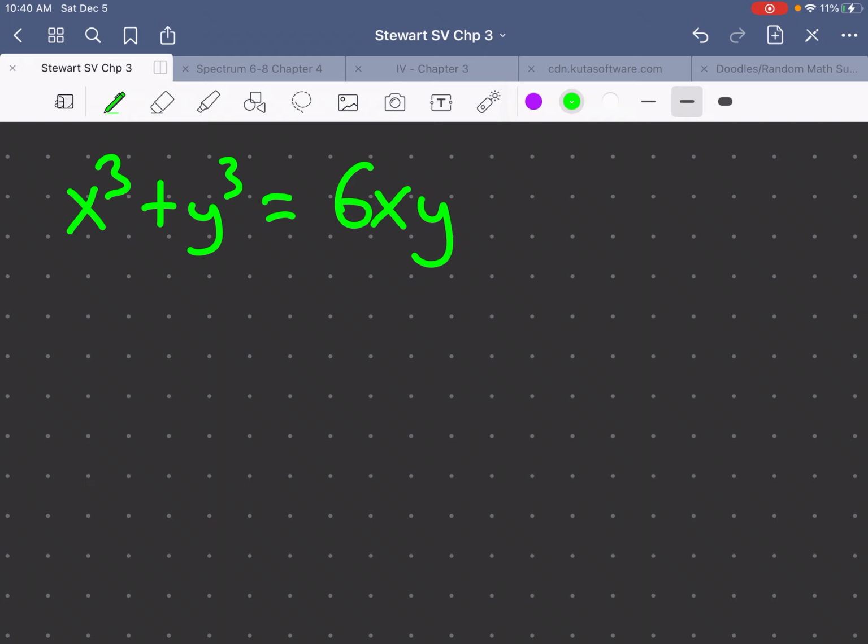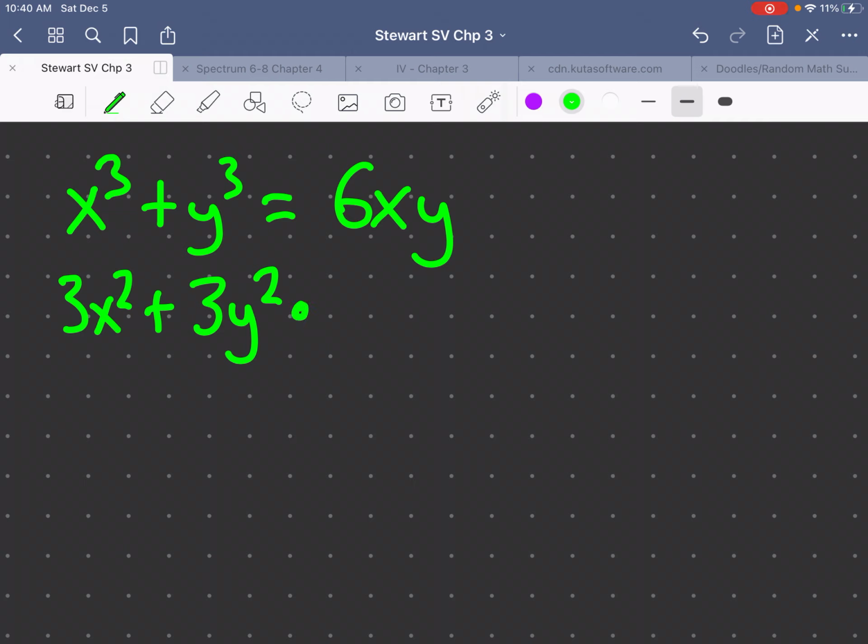So when you have y cubed, we have some sort of function cubed. As we move through this equation from left to right, the derivative of x cubed is easy. That's 3x squared. And the derivative of y cubed is even fairly easy because it would just be 3y squared, just like the x cubed.